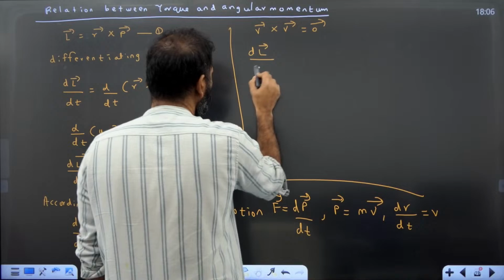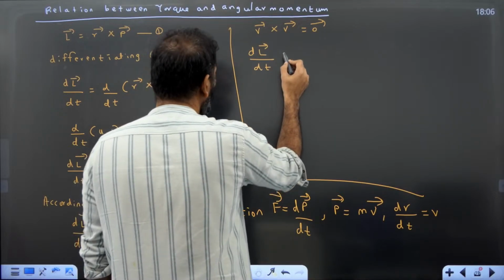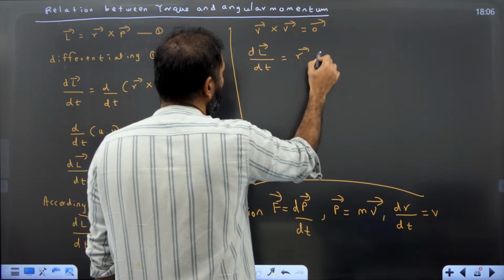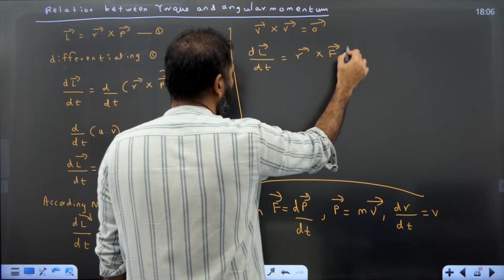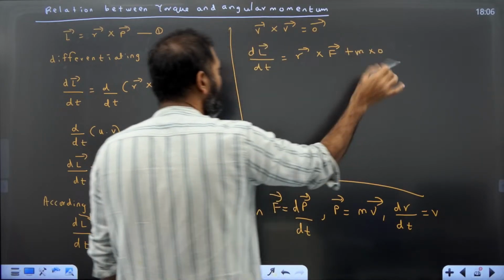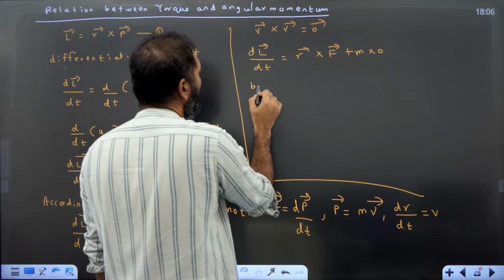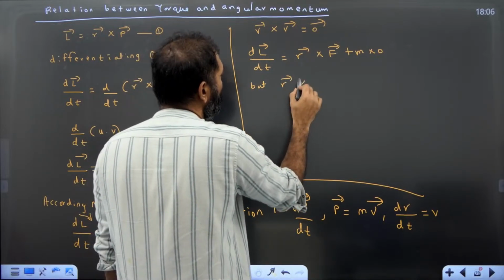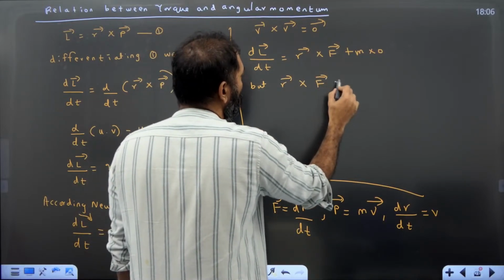So dL by dt is equal to r vector cross F vector plus m into 0, which is 0 only. But we know that r vector cross F vector is torque, tau vector.